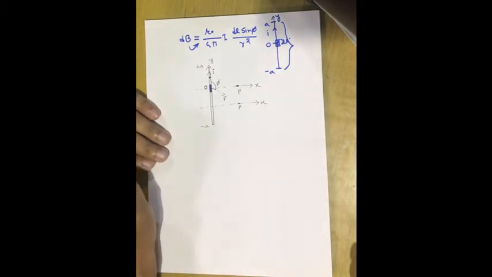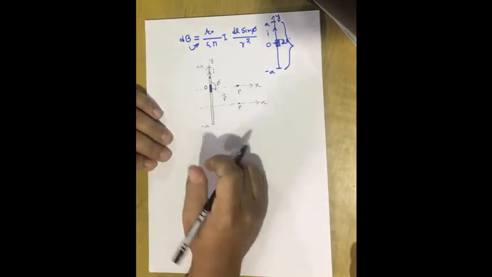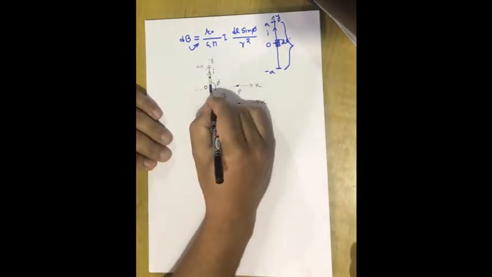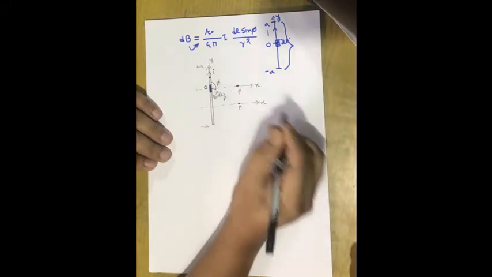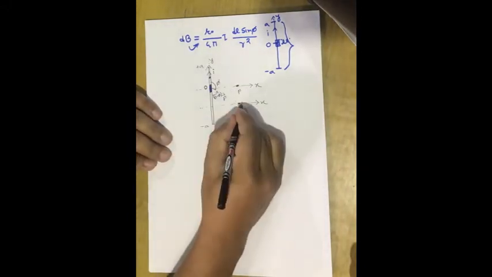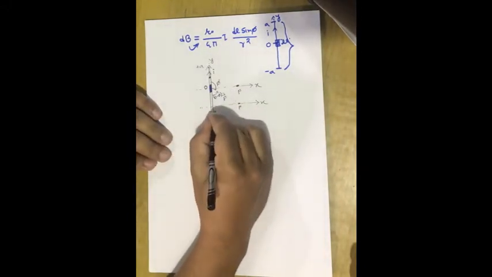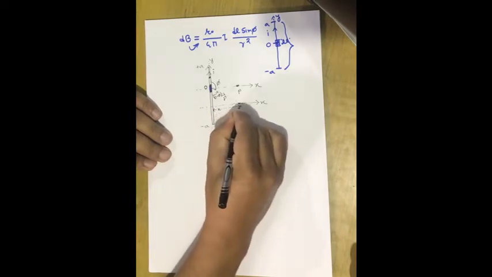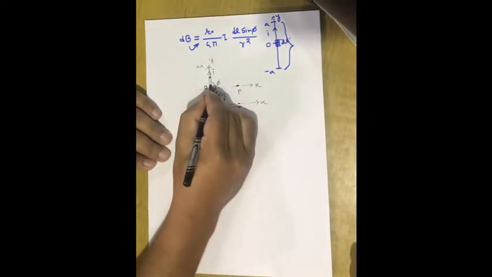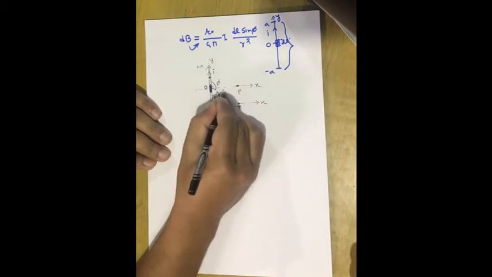If this angle is phi, then this angle will be pi minus phi. From here to here, say the distance is x, the magnitude of the distance x, and this distance is small r.